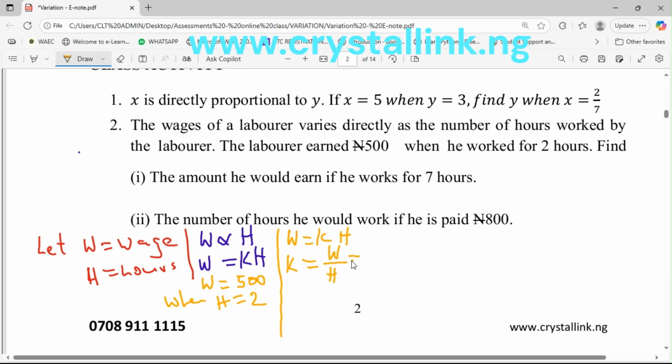I believe you understand how to make something the subject of a formula. So this will be equal to, remember our W for the initial value is 500, then over 2. 500 over 2, and that will give us 250. Sorry, 250.